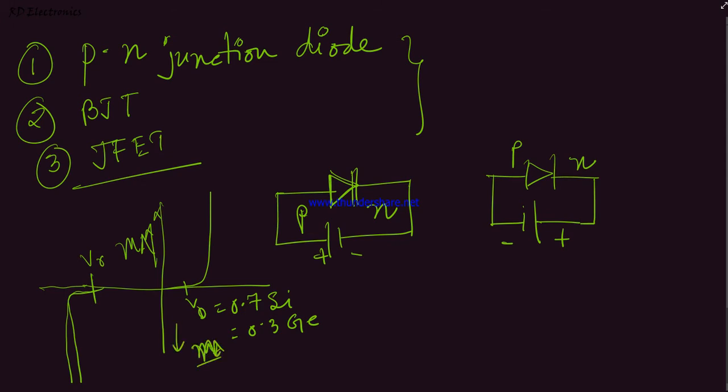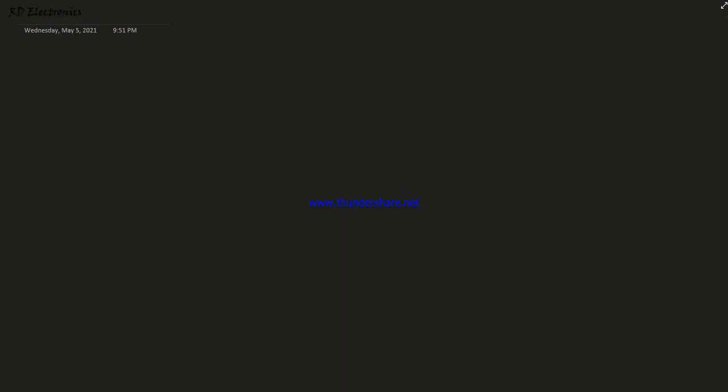This is the basic principle of the PN junction diode. We don't talk about the band diagram, conduction band or valence band, just the circuit operation.